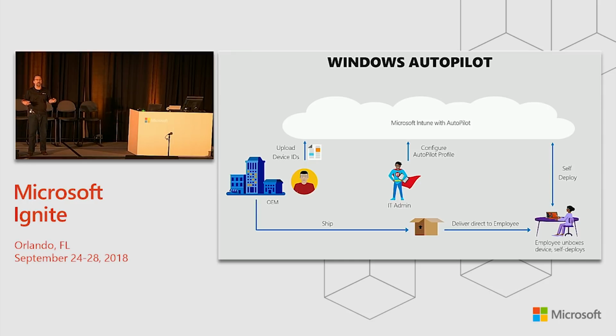They turn it on, they log on. In some cases, they don't even have to log on now with RS5. And the provisioning and image crafting, as I call it, not a re-image but an image craft process, will happen behind the scenes and provision this device.